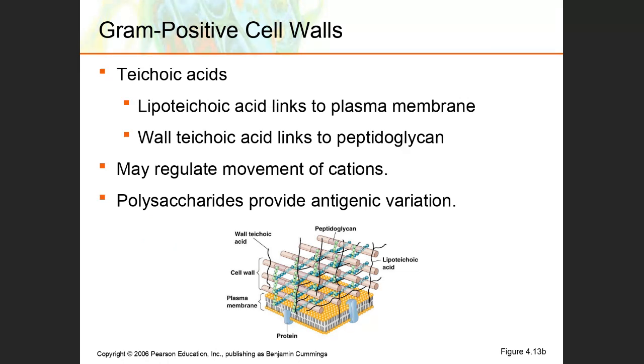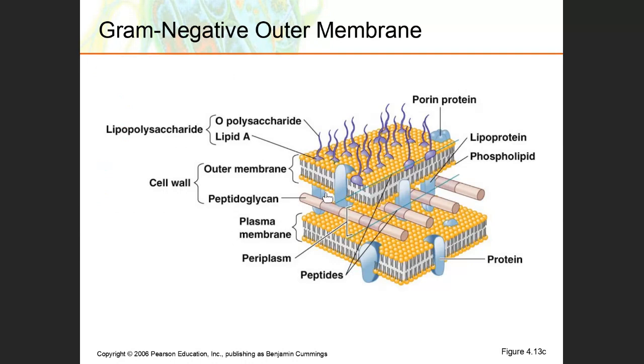So here we see the gram-positive cell wall. Again, the key point is that very thick layer of peptidoglycan sitting on top of the cell membrane. We contrast that with the gram-negative, a very thin layer of peptidoglycan sandwiched in between two membranes.